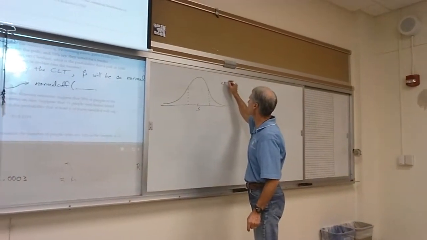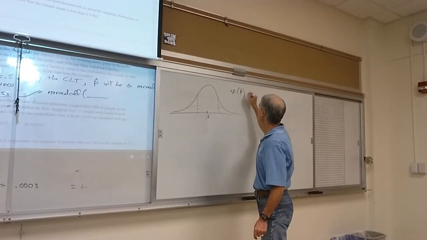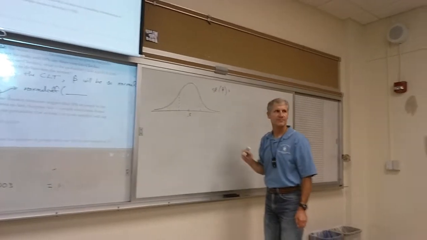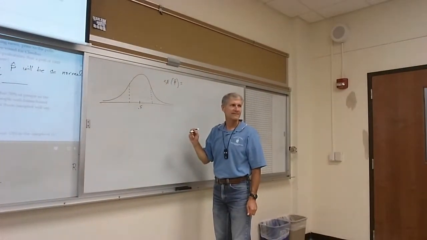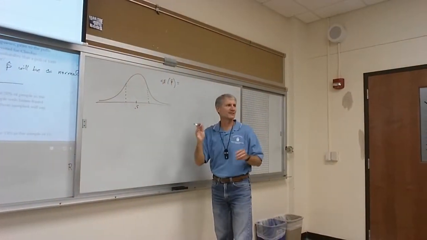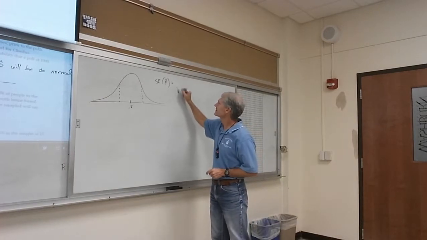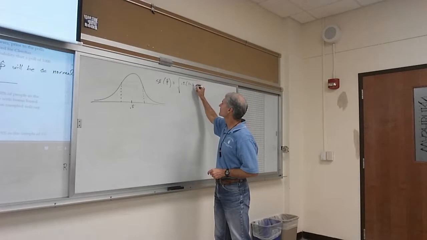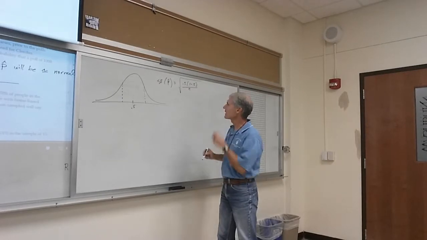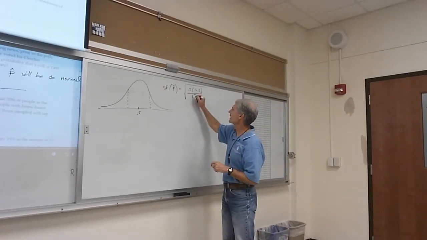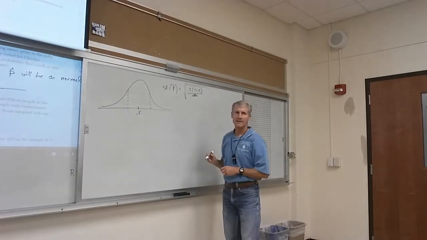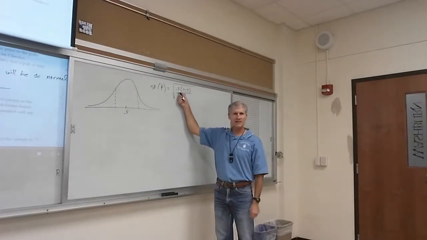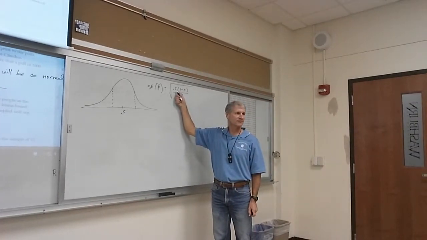So the standard error of p hat is equal to, well, give me the formula first: the square root of p times 1 minus p over n, with 1,000 for n. Now notice, I put in p, not p hat.